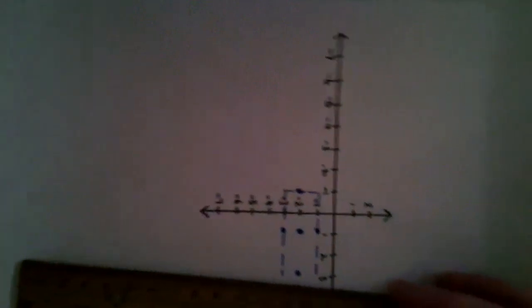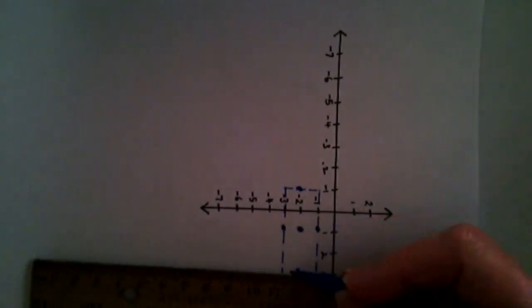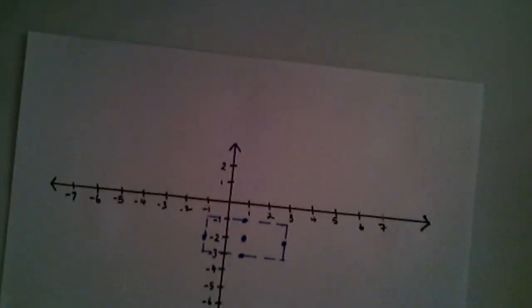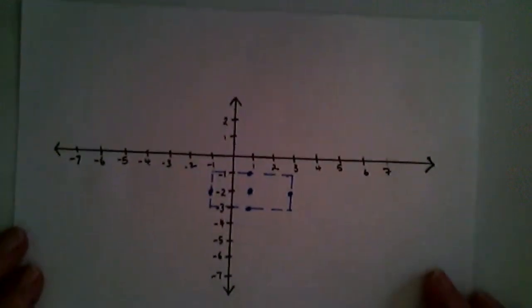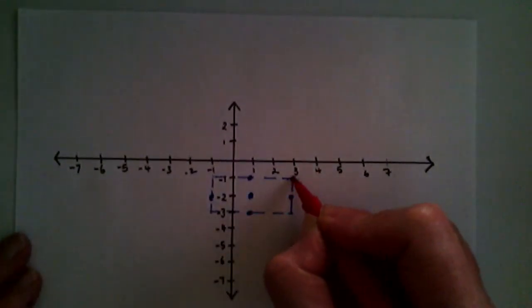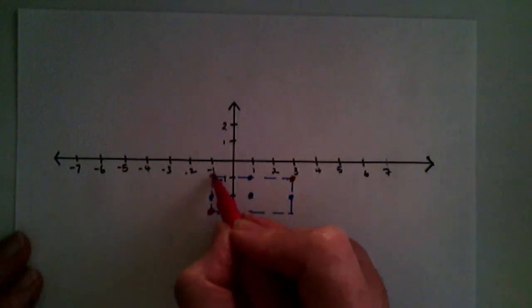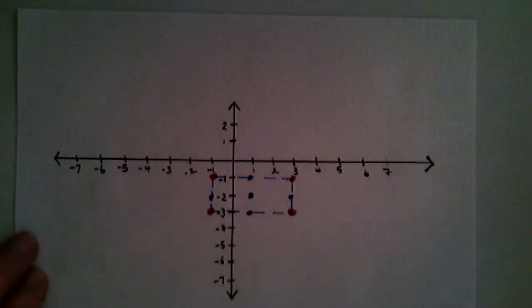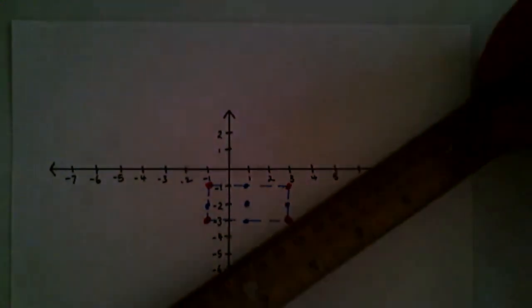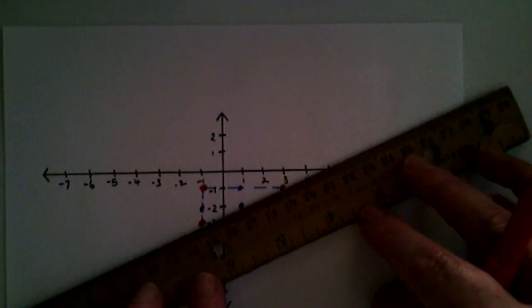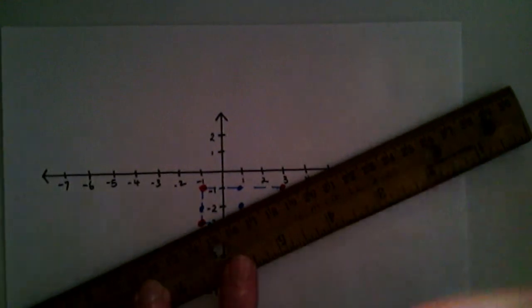So now that we've got our rectangle, the next thing we're going to do is draw in our asymptotes. And here, I'm going to do a dash line.